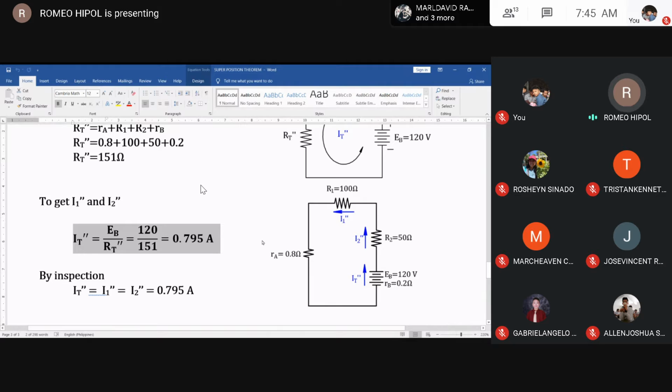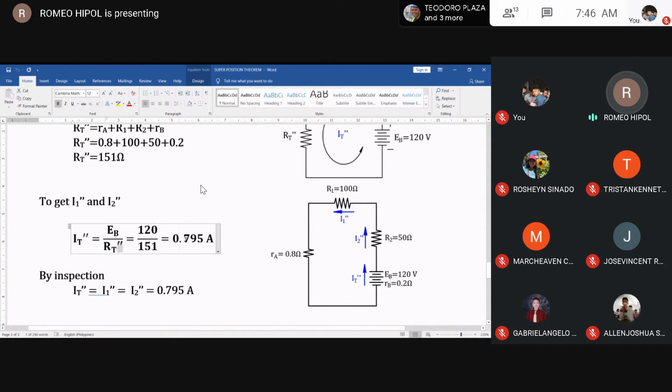So, saan tayo magkaroon ng difference? So, with respect to the supply, yung value of the source B is different to the source A. Diba? So, I total double prime for the second supply. So, double prime na tayo.